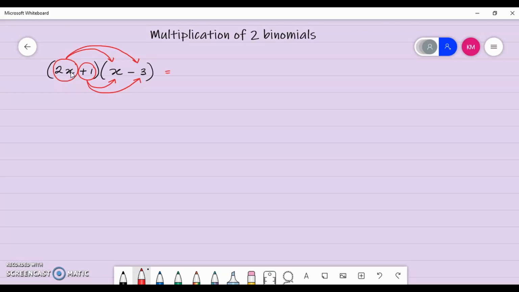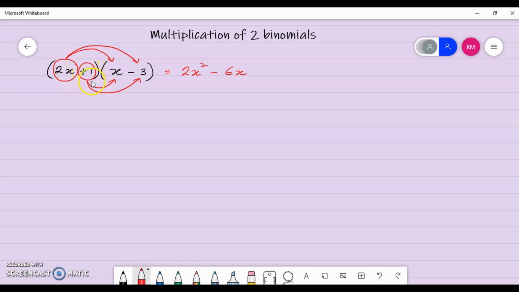So I'm going to get 2x multiplied by x gives me 2x squared, and 2x multiplied by negative 3 gives negative 6x. Then I move on to that second term.